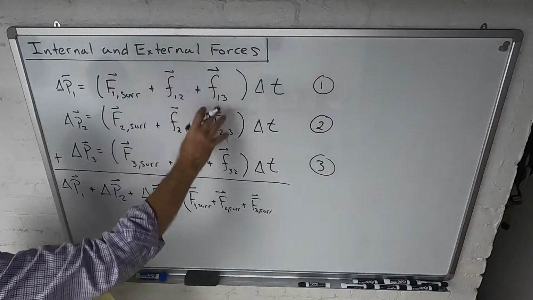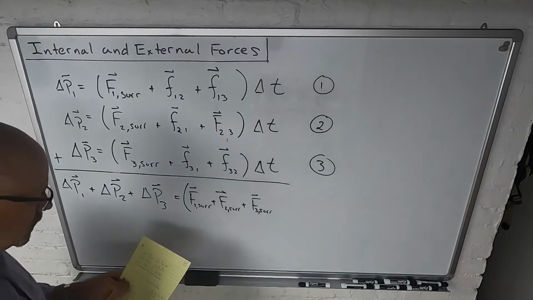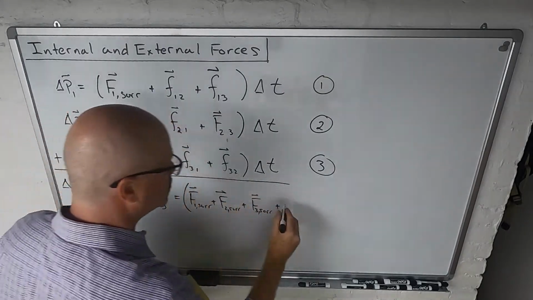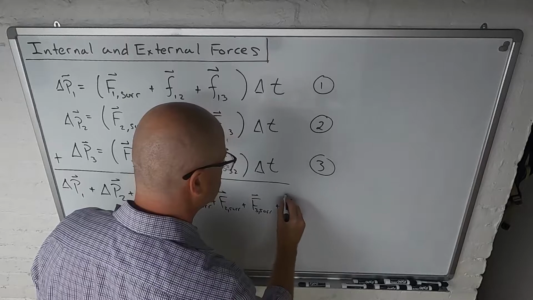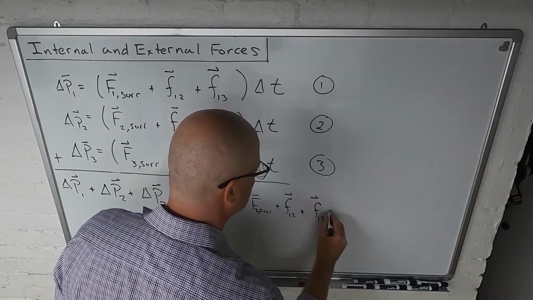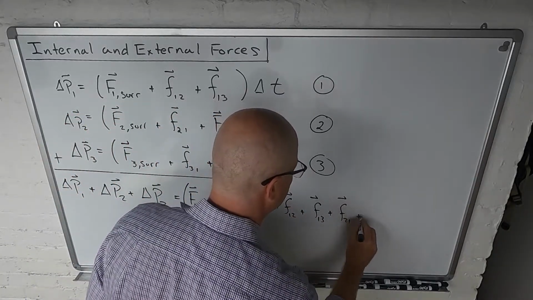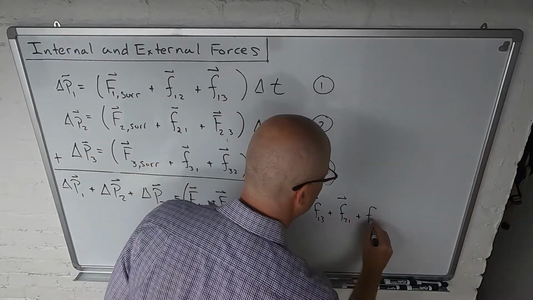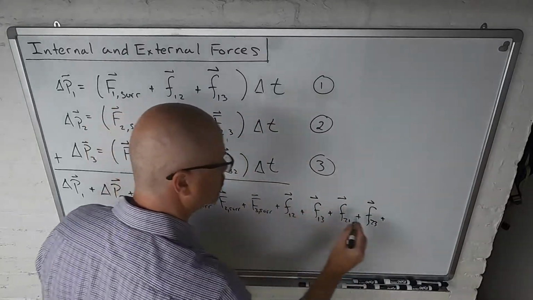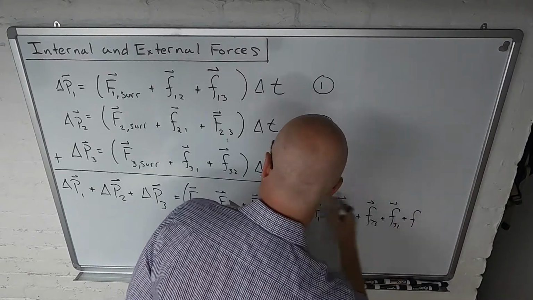And now I get all of my reciprocal pairs. So let's look and see what we got. We've got F12, F13, plus F21, plus F23, plus F31, plus F32.